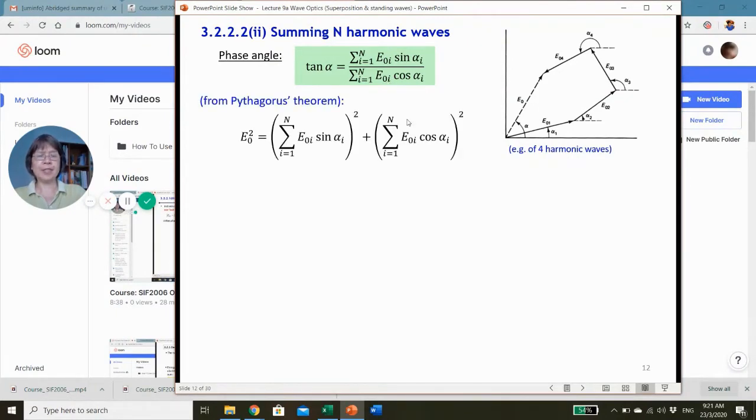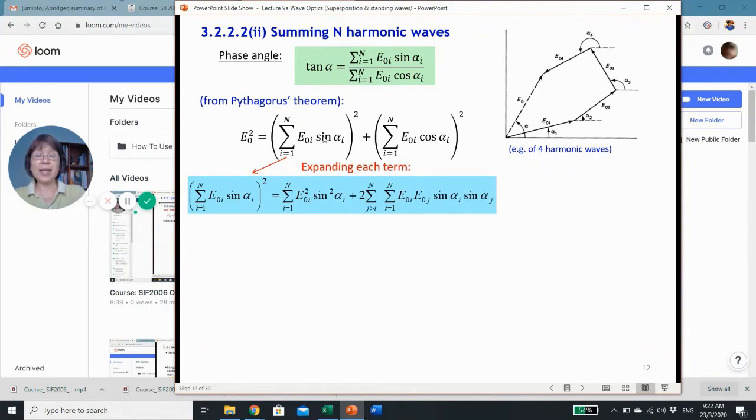From Pythagoras theorem, which is easier to use in this sense than the cosine law, the square of the resultant amplitude equals the square of the summation of all the vertical components plus the square of the summation of all the horizontal components of the phasors that make up the n harmonic waves.